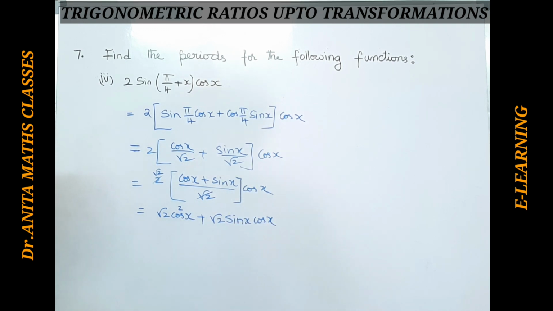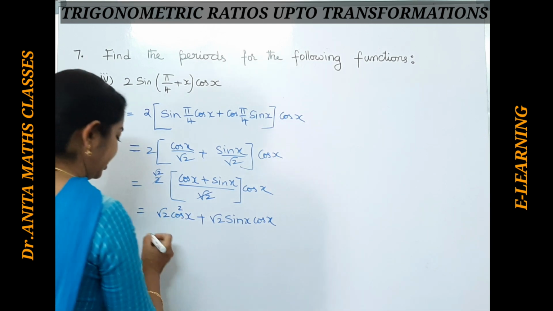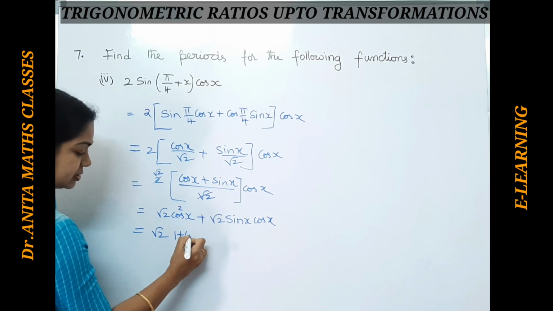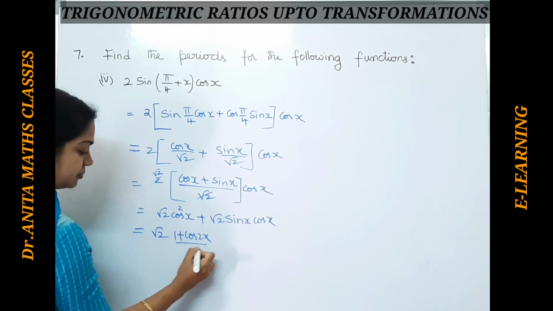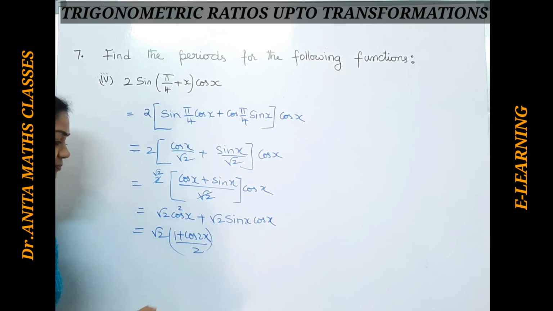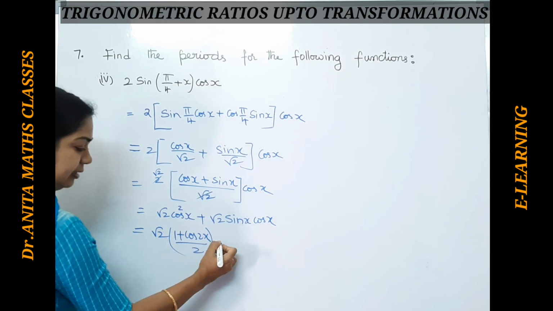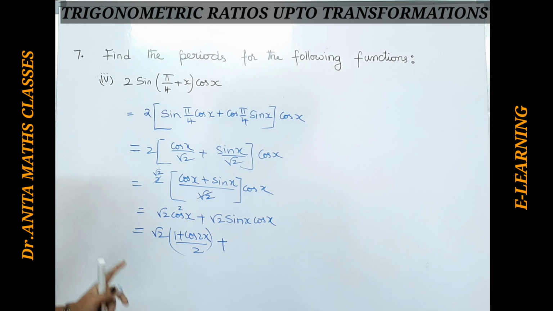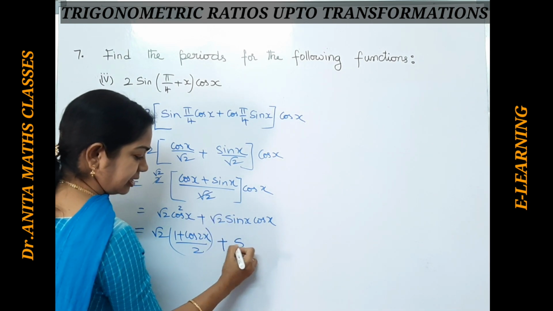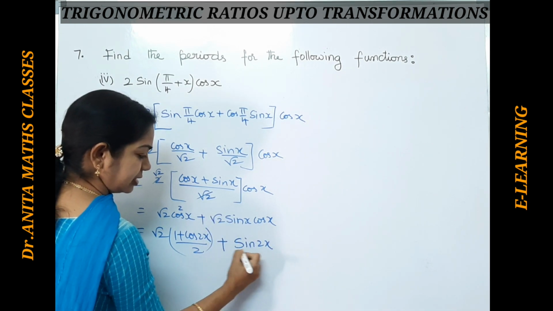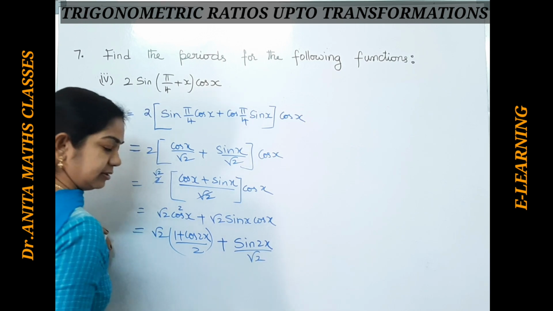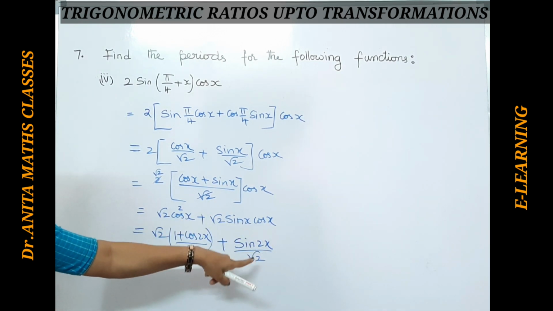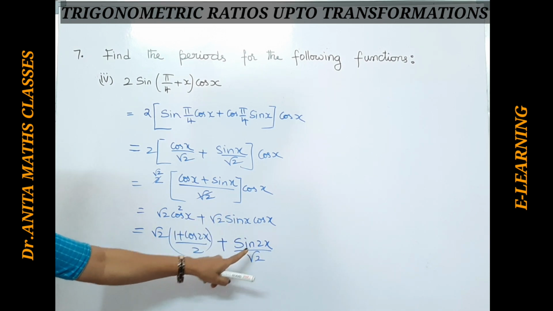Yes. Now here cos square x, I can write it as 1 plus cos 2x by 2. Okay. Again plus root 2 sin x cos x. Now I can write this as sine of 2x by root 2. Okay. Right. If we take 2 sin x cos x, here root 2 gets cancelled and it becomes sine 2x.